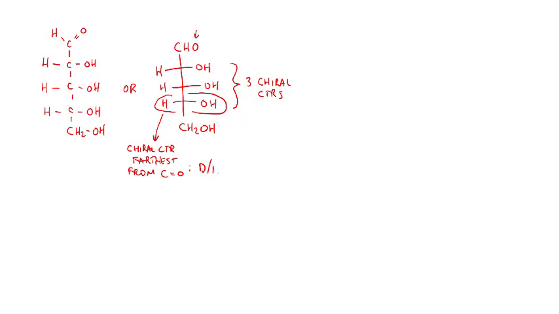That one we call the DL center. And in every carbohydrate that we are going to see in this class, we have the D configuration. And what does that mean? That means that the OH at this position is on the right, assuming that you put the carbonyl at the top.